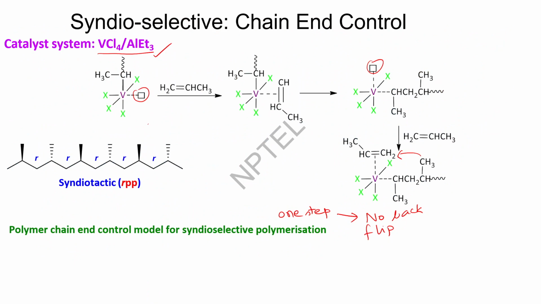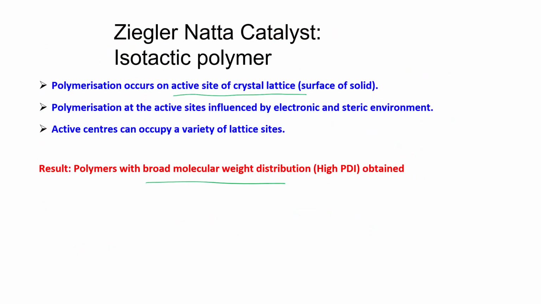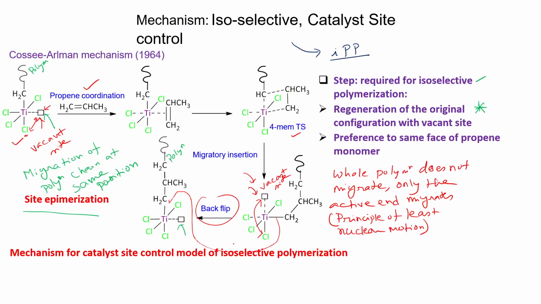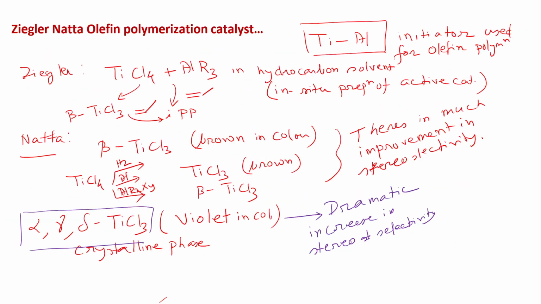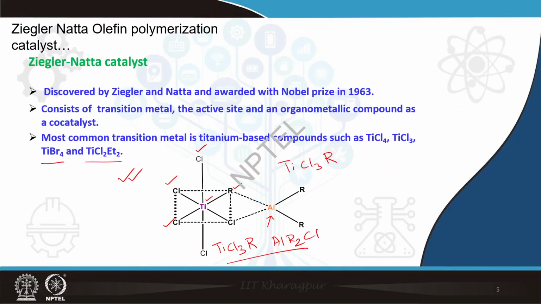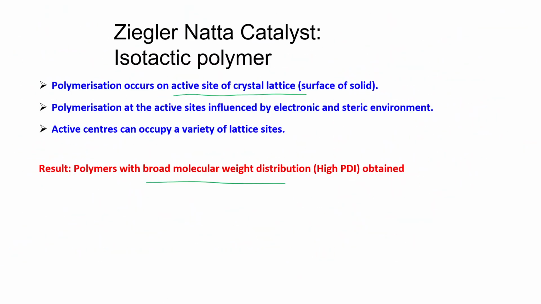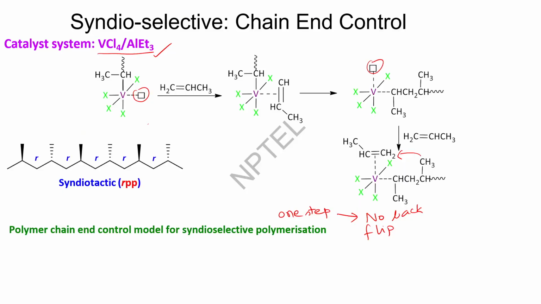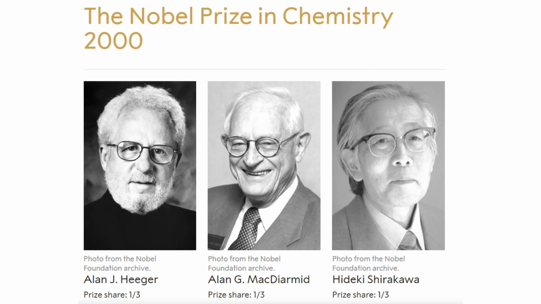The reason is that for titanium we are seeing a back flip happening here, so that's why this particular stereochemistry is maintained. For vanadium, this back flip that is very much visible in titanium is not possible. So no back flip, and that would ultimately lead to these syndiotactic polymers.